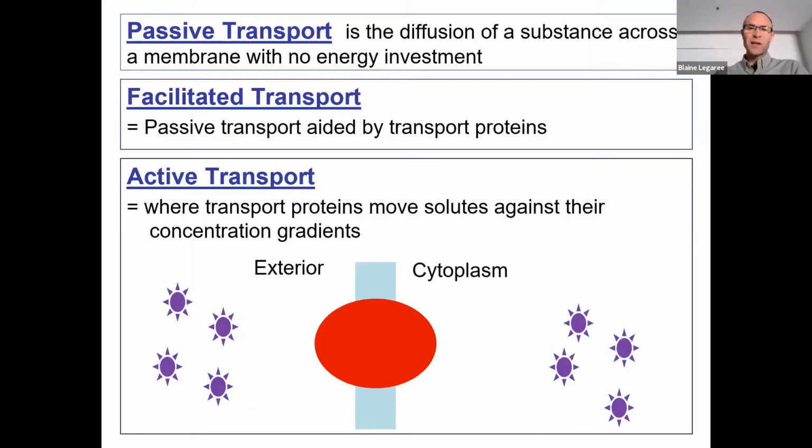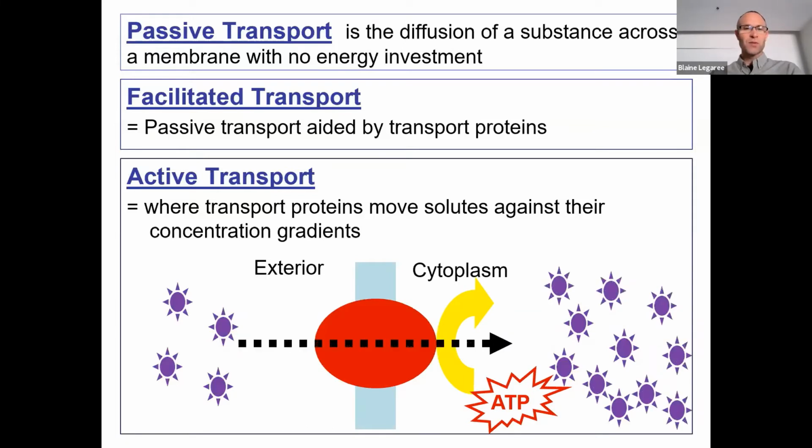You've got a cell. Active transport usually involves some sort of membrane protein, and that membrane protein is often going to use some sort of energy source such as ATP. So there's the ATP, it's getting consumed. The ATP is in the cytoplasm, of course, and this pumps whatever that is in. Maybe this is a hungry cell and it sees some glucose and it wants to bring in lots of it.